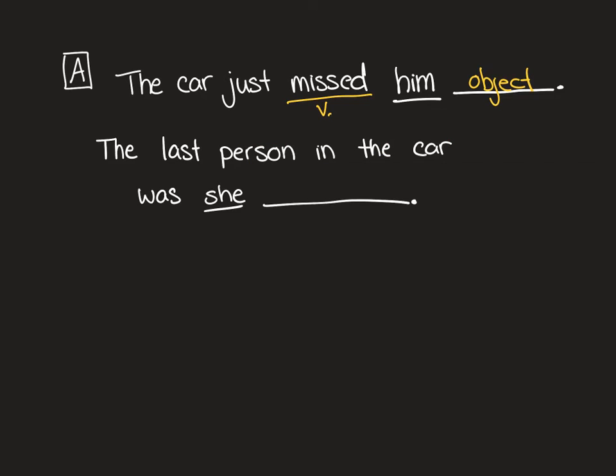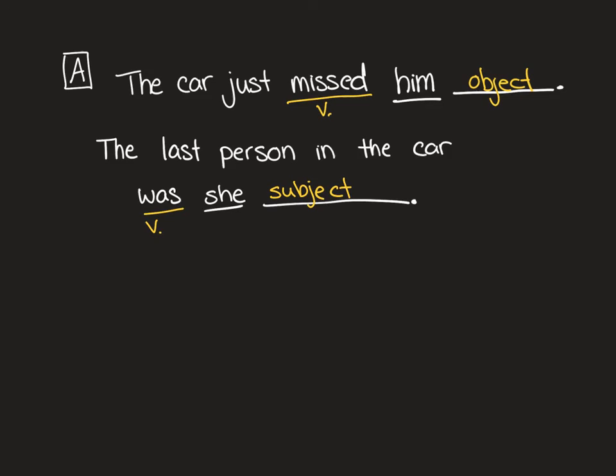Now they are going to try to trip you up because we have this example: the last person in the car was she. So was is our verb and she comes after it, but if you remember, she is on our list of subjects, not our list of objects.